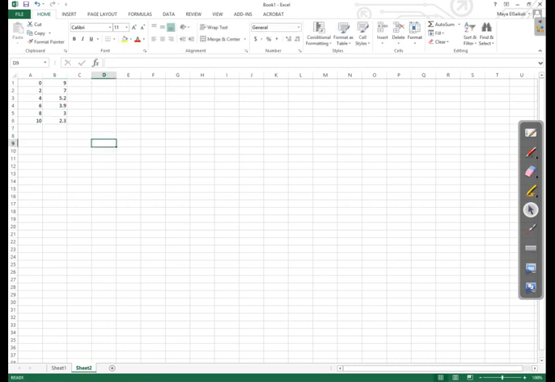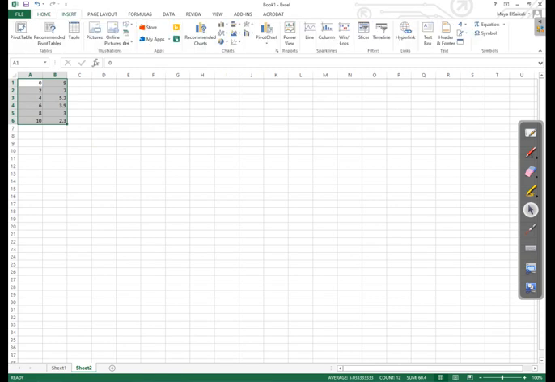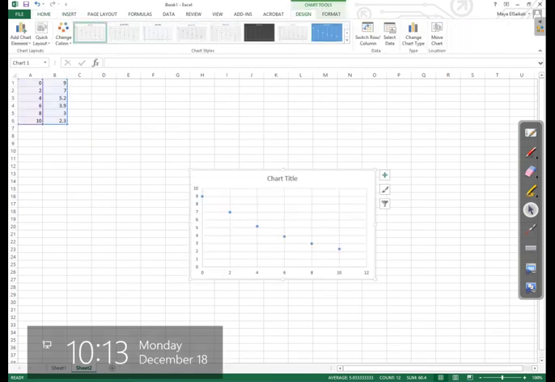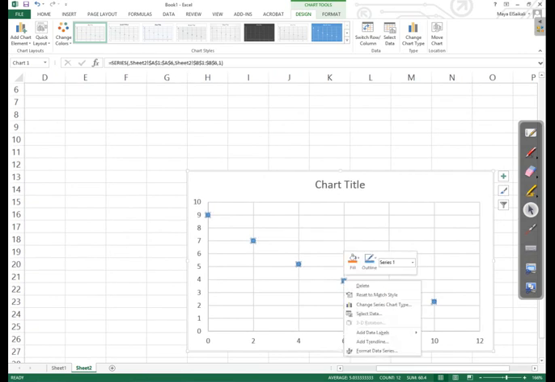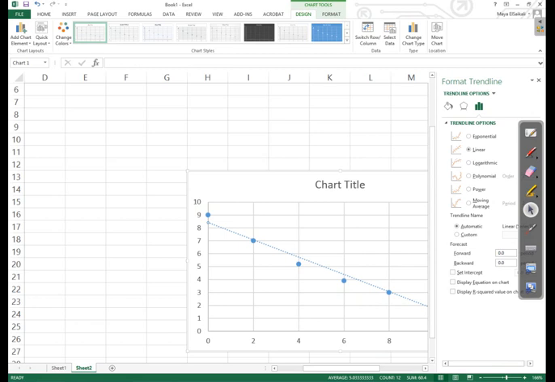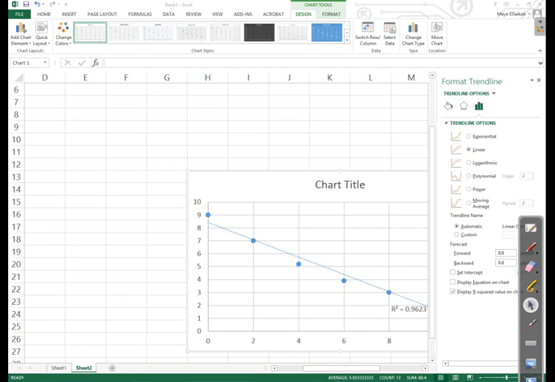Okay. So if I pick that regression line, I'm going to start with linear, okay? And then r squared. My r squared value here is 0.96, okay?